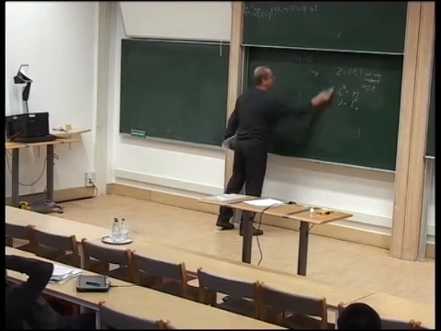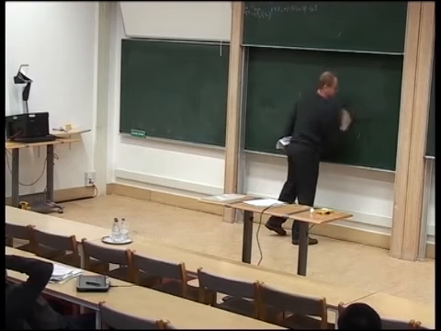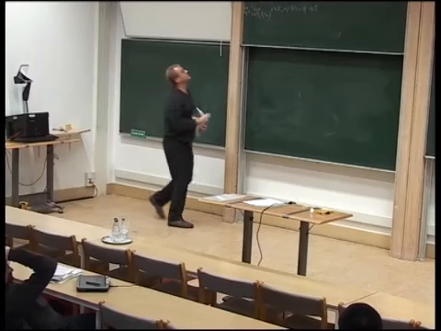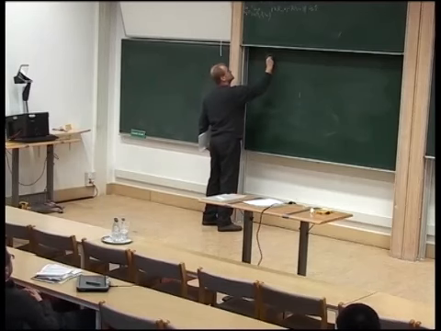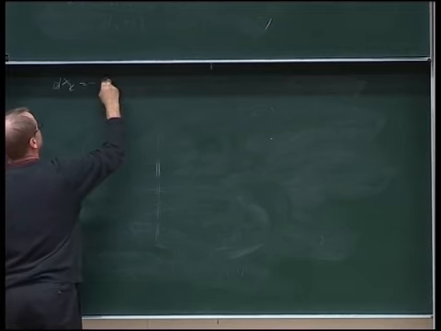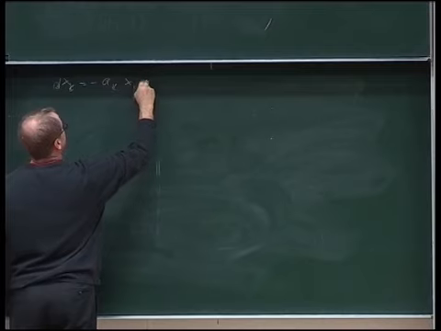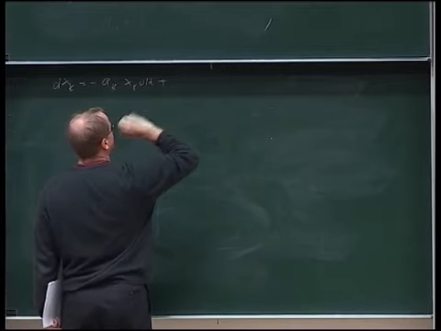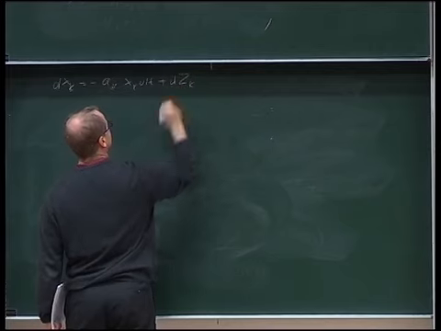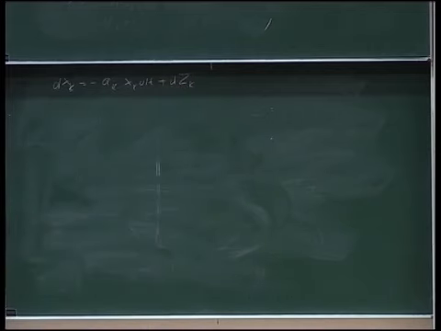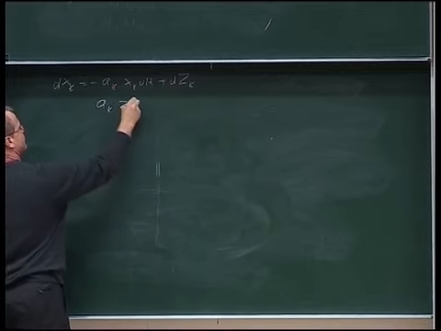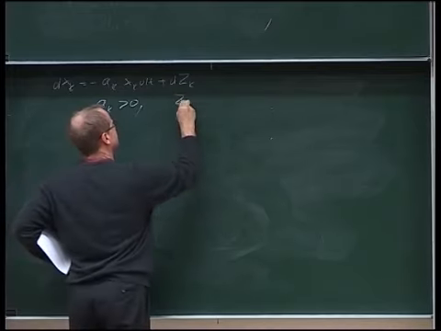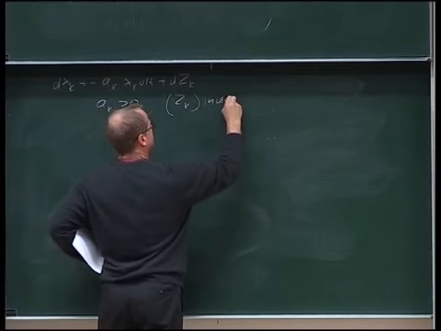So I would like to start with the weak Cadlag property. For simplicity, we assume this: dXk equals minus ak xk dt plus dzk, where ak are positive and zk are independent Lévy processes.